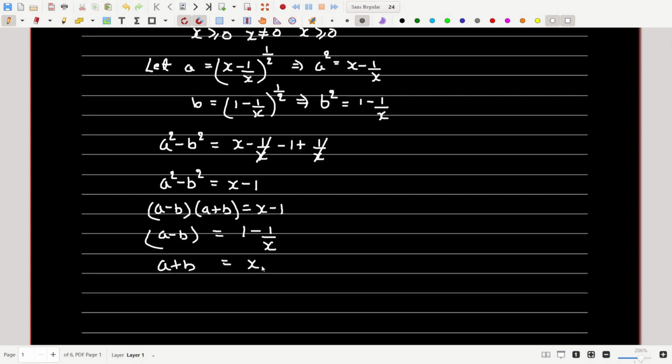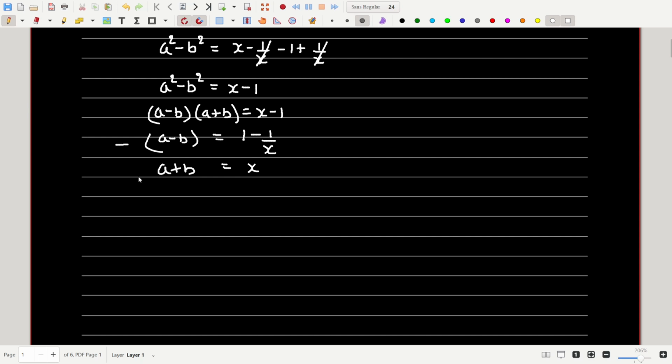Now I have a plus b is equal to x. So let me add these two, this and this. So I'll get 2a is equal to x plus 1 minus 1 upon x. And let me rearrange this. So let me rub it out and rearrange this.